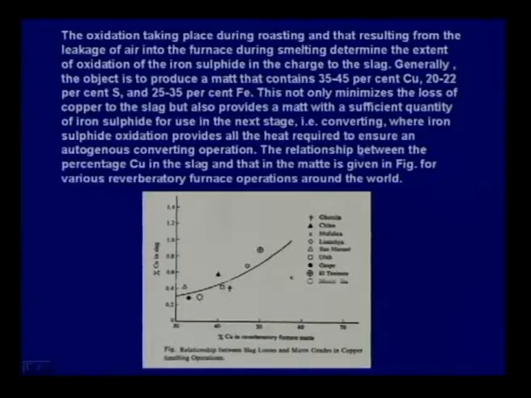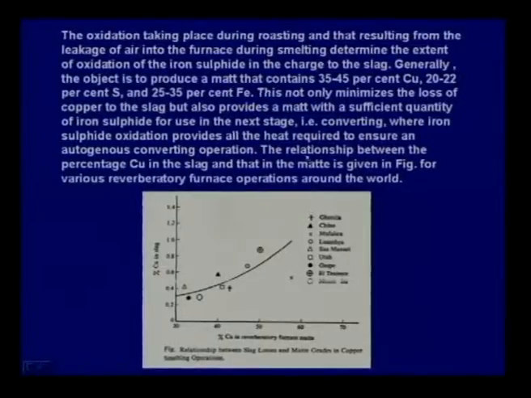Now, the relationship between the percentage copper in the slag and that in the matte is given in the figure. A lot of experiments have been done in the industry to find out how to cut down copper losses in the slag.